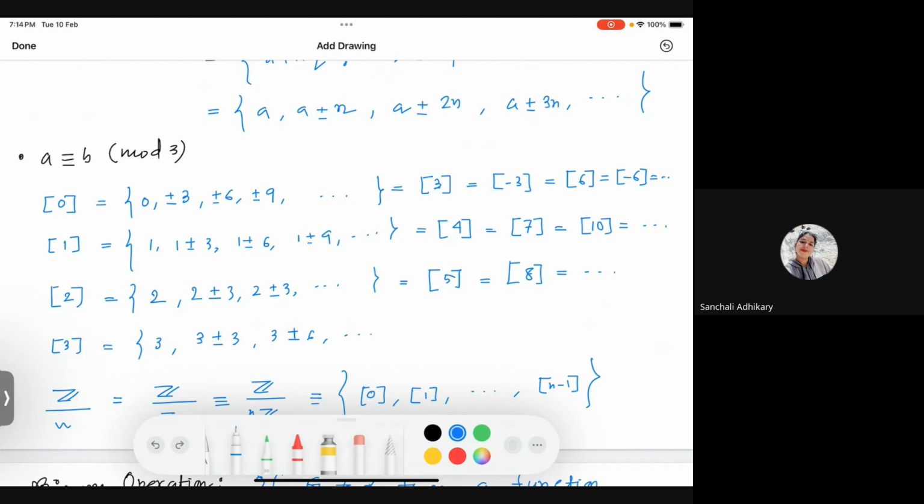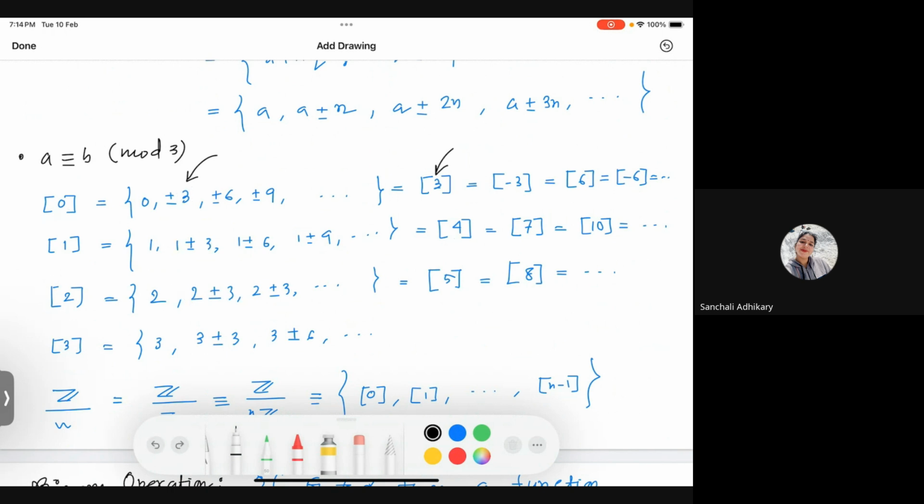Now observe one thing. This element 3 belongs to class of 0. Element 4 belongs to 1 plus 3, so 4 belongs to class of 1. Similarly, 5 belongs to class of 2.